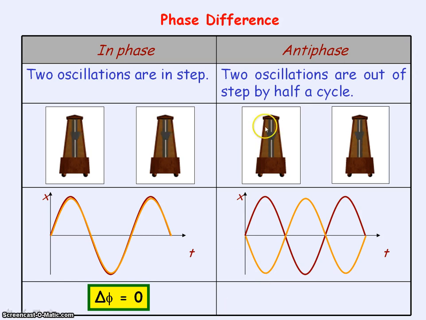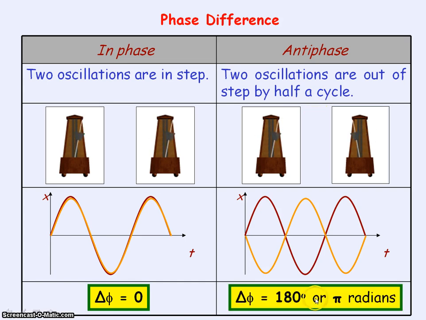And as they're out of step by half a cycle, which represents a phase of pi radians, we say their phase difference is pi radians or 180 degrees.